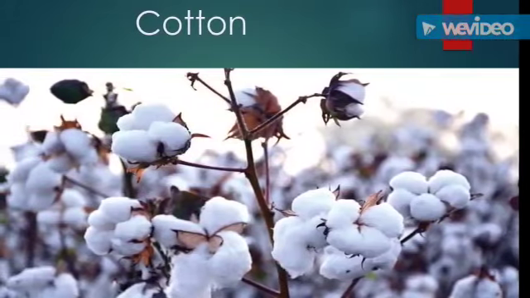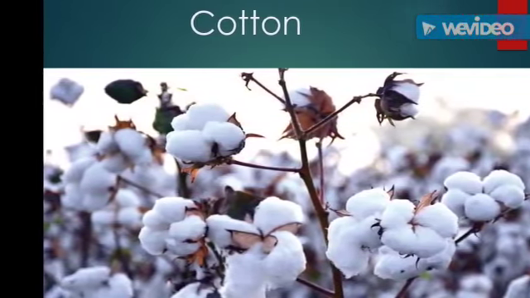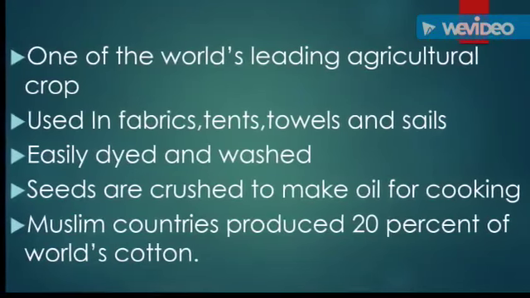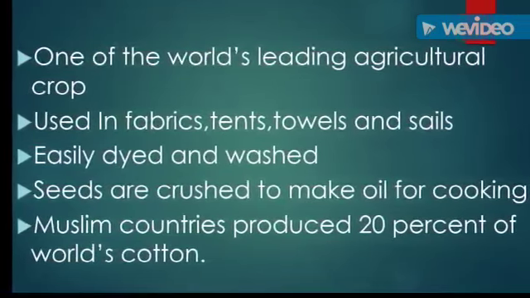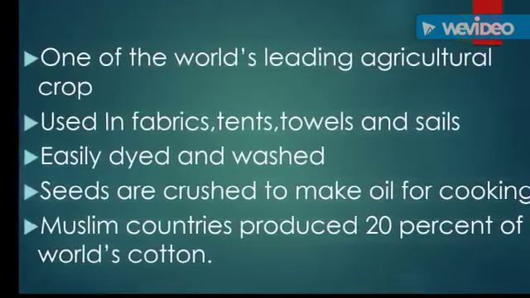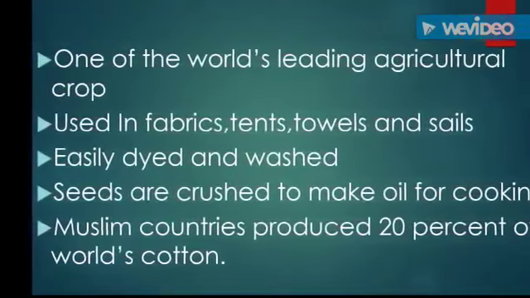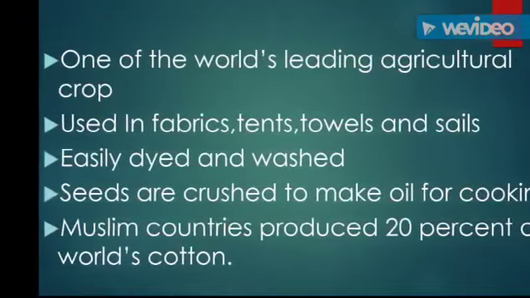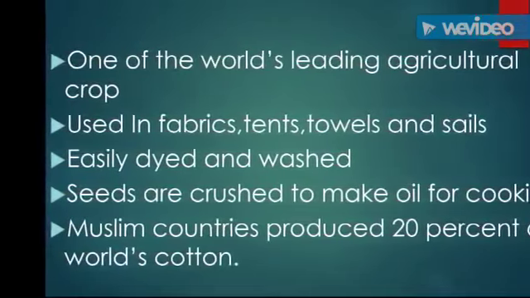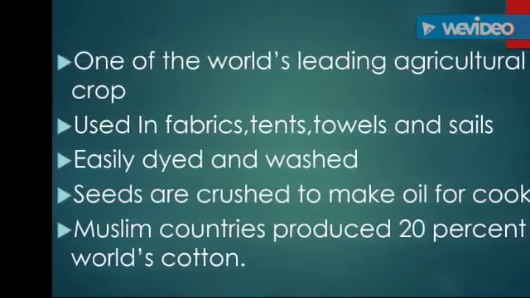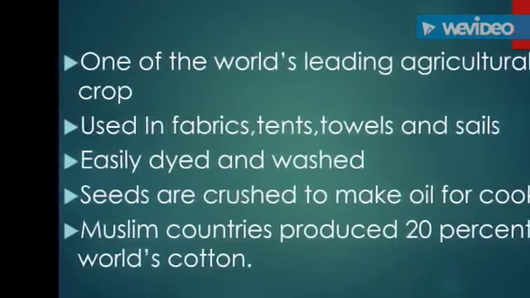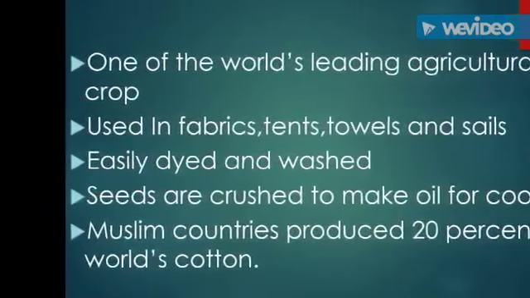Next point is cotton. Cotton is one of the world's leading agricultural crops. It can be used for many purposes. It can be made into the thinnest and finest of fabrics, and also into tents, towels, and sails.